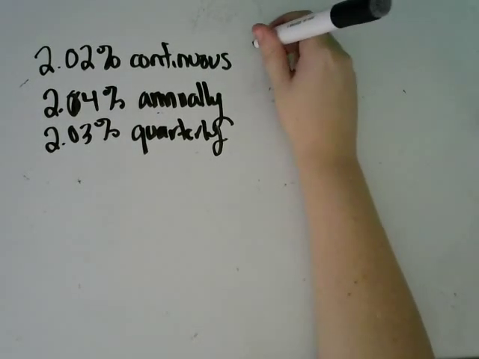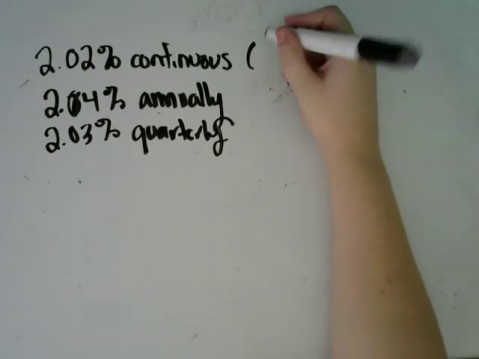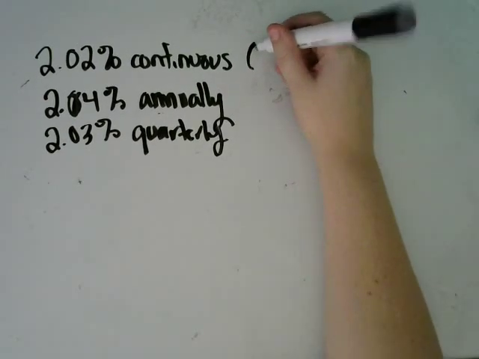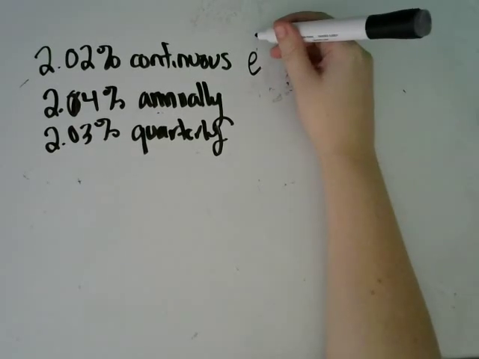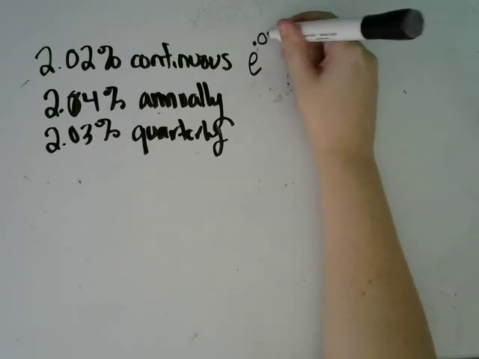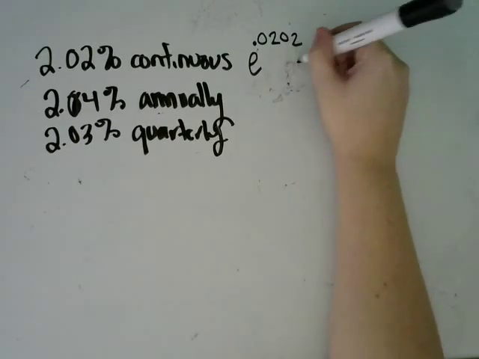So using just the inner part of our formula, we're going to say that this is e to the RT, or e to the 0.0202.